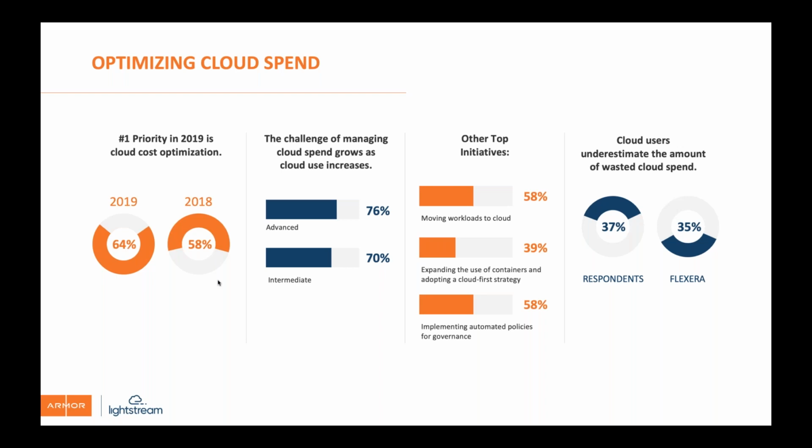One of the biggest things is, if you look at that far left corner, you see that the number one priority in 2019 is cloud cost optimization. It aligns right with that framework that we talked about previously. And we've seen that grow from a rather large 58% in 2018 up to a much larger 64% in 2019. Our belief is that's going to continue to grow.